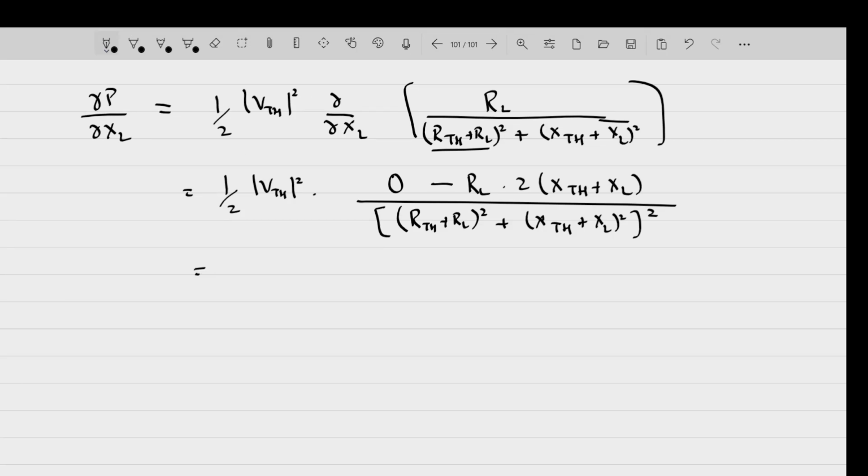So this is equal to 1/2 of VTH square, minus, the 2 and 2 cancel out, so this is minus VTH square RL (XTH plus XL) divided by this whole term.